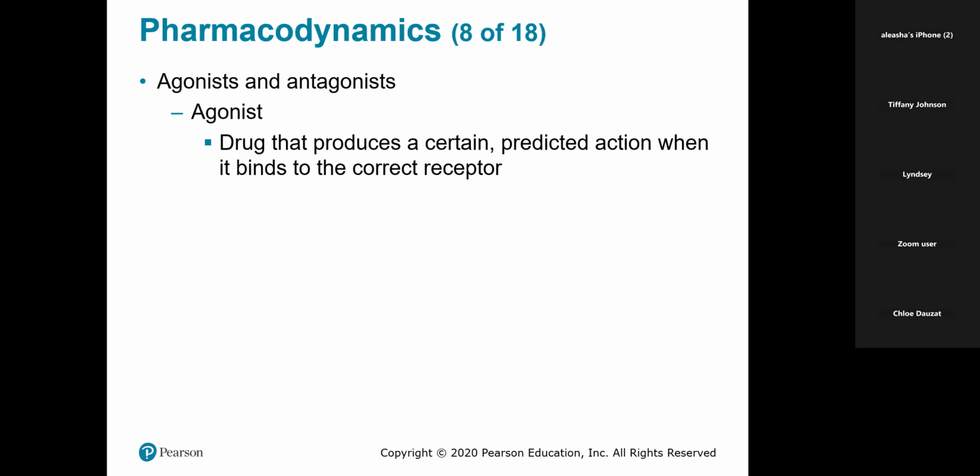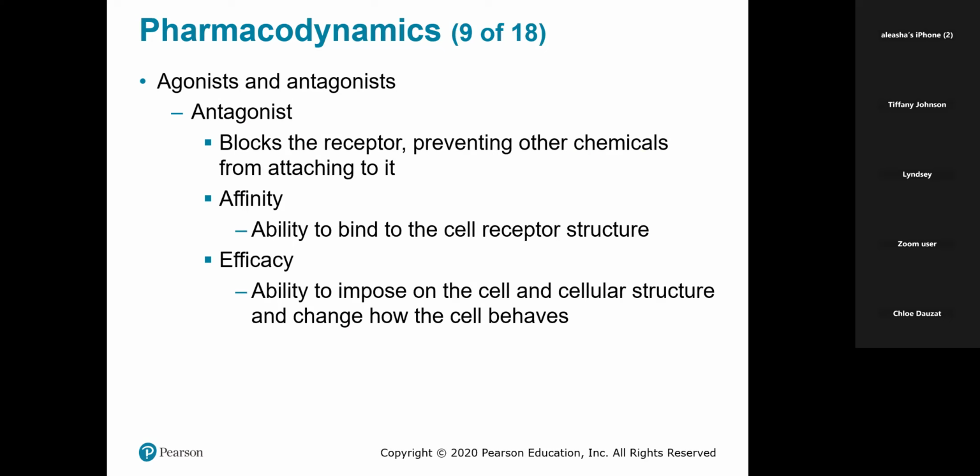So as I mentioned, the agonist drug is a drug that is going to produce a certain predicted action when it binds to the correct receptor, whereas our antagonist drug will block that receptor and prevent other chemicals from actually attaching to it.